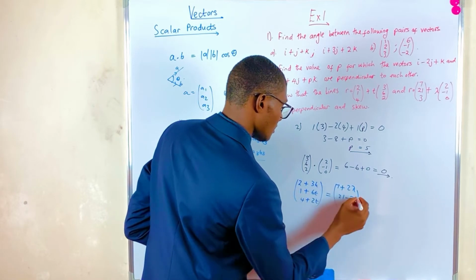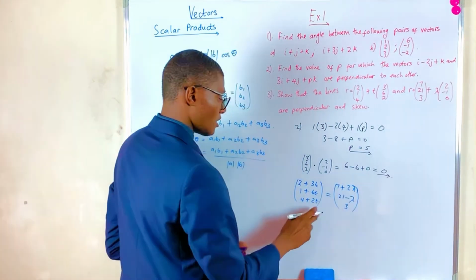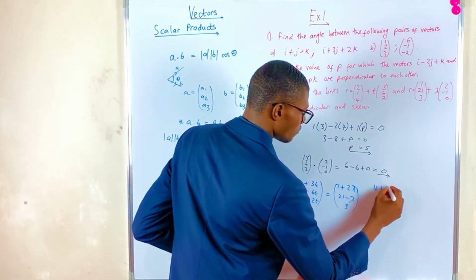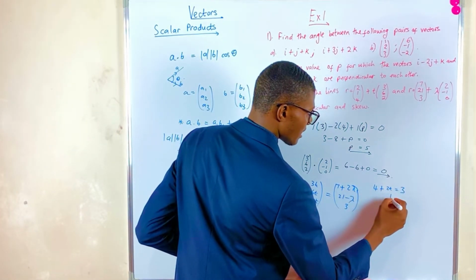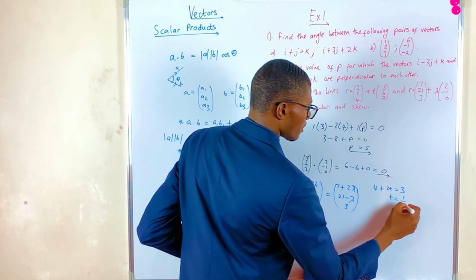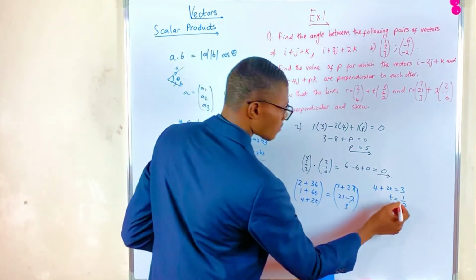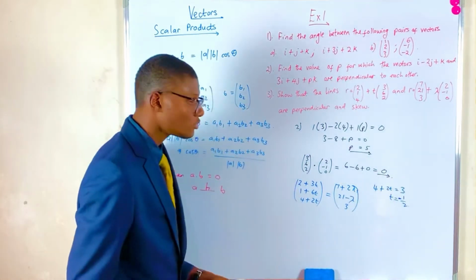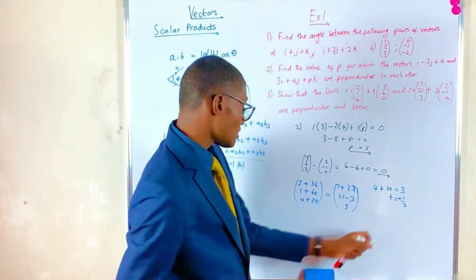Then we equate. We can first of all solve for t. T is the simplest. 4 plus 2t is equal to 3, which implies that t is equal to... sorry, minus 1 over 2 actually, because it's 3 minus 4 over 2, which is minus half. So t is equal to minus half.